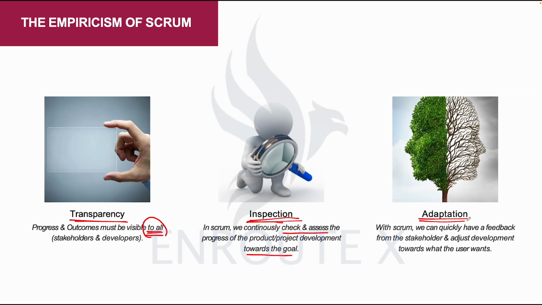We will see that from the product backlog, from the visibility of the product backlog, and the transparency that makes everyone know the progress of work per time. We will see how Scrum inspects and adapts towards the sprint goal. So please don't forget the empiricism of Scrum is quite important. These three form the foundation upon which Scrum is built.